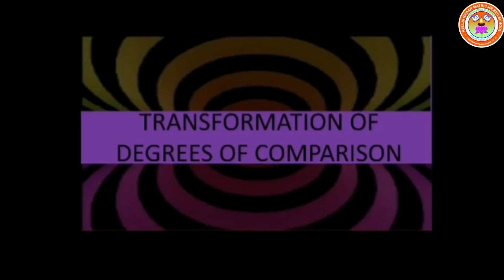The comparison of adjective words or adverb words is known as comparison of degree in English grammar. First of all, I would like to introduce the forms of degrees for your better understanding. There are 3 kinds of degrees.